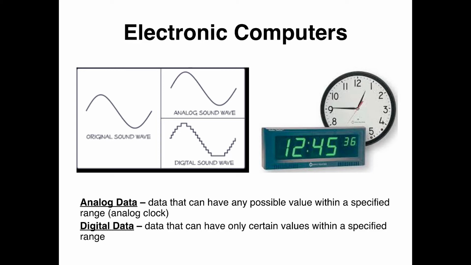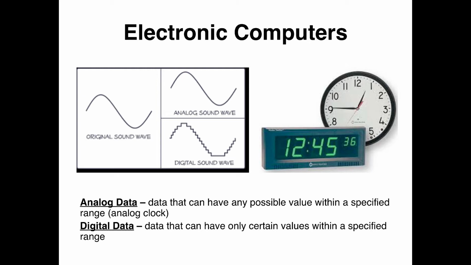Digital is data that can only have certain values within a certain range. So with this digital clock, you can only have values that are digitally expressed on this clock. Now the clock can be very accurate and read out to hundredths or thousandths of a second, but it can only have specified values.